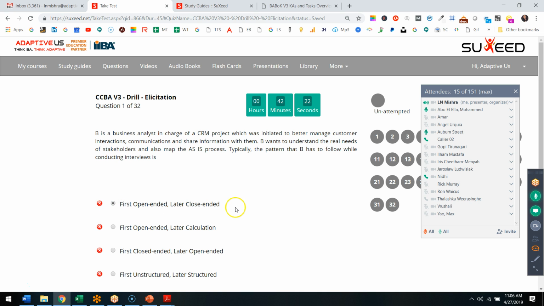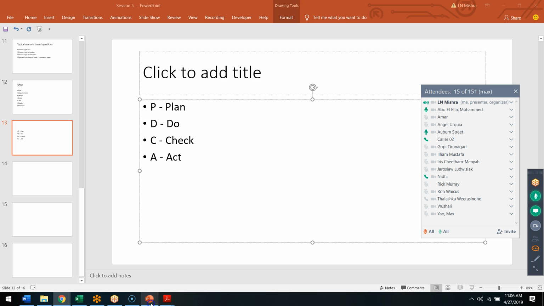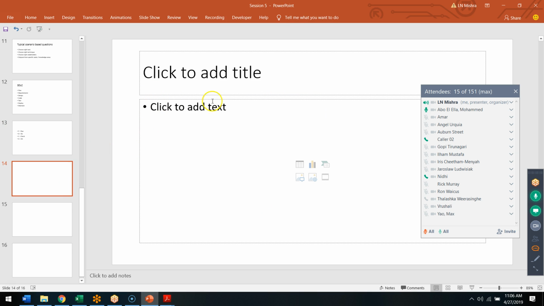Could you give an example of an open-ended versus a closed-ended question? Okay, let me write it down. Was that Rick or who asked this question? Mohammed, okay. So Mohammed, if I ask you this question, what kind of music interests you? Is there a definitive answer I'm expecting from you?